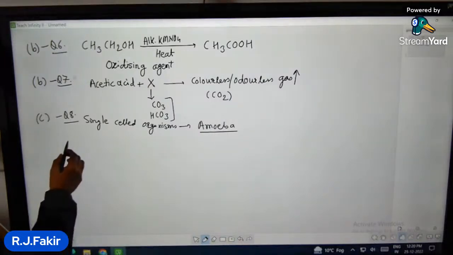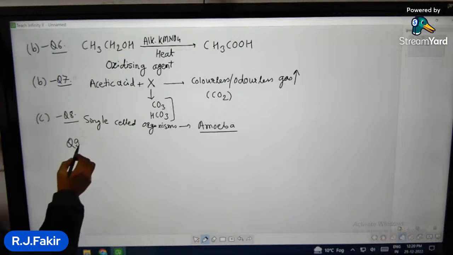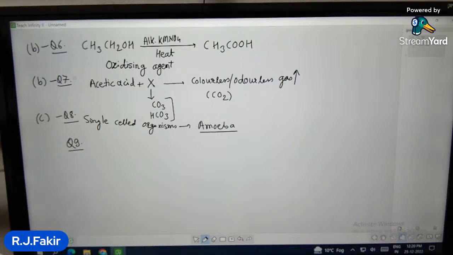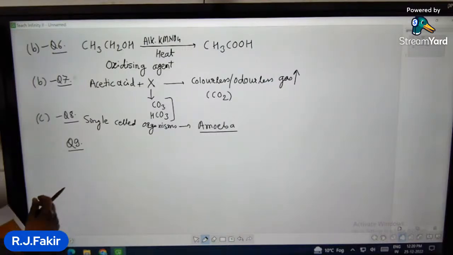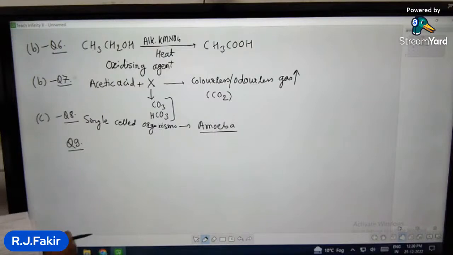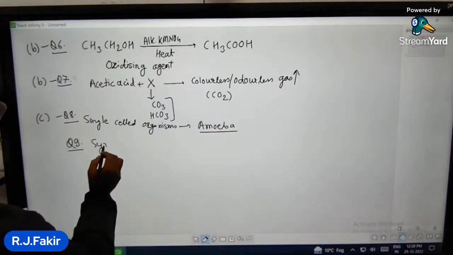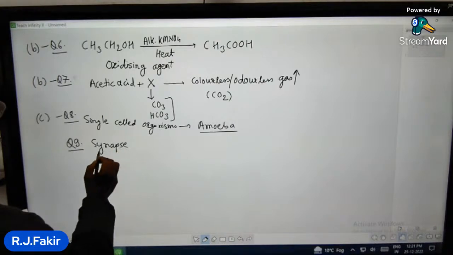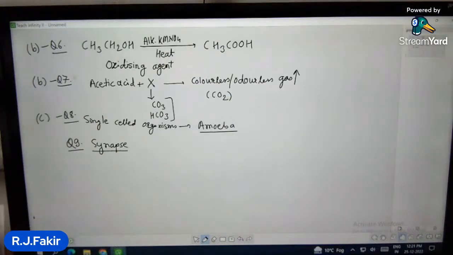Now question number 9. In a synapse, chemical signal is transmitted from... Synapse is the very small gap between the two subsequent neurons.